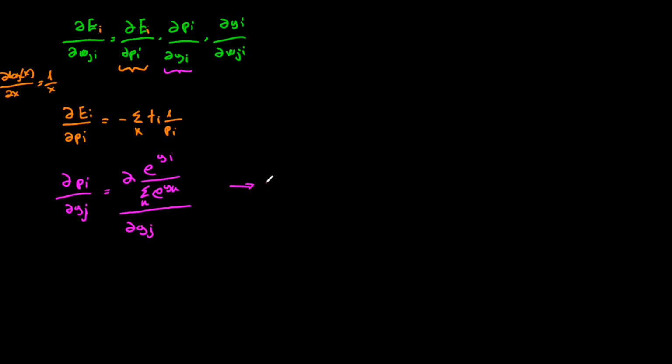So case 1, y equals j. In this case, let's derive this. I'm going to rewrite this function as a product. So it's simply e to the y sub I multiplied by the summation over k of e to the y sub k, to the minus 1.